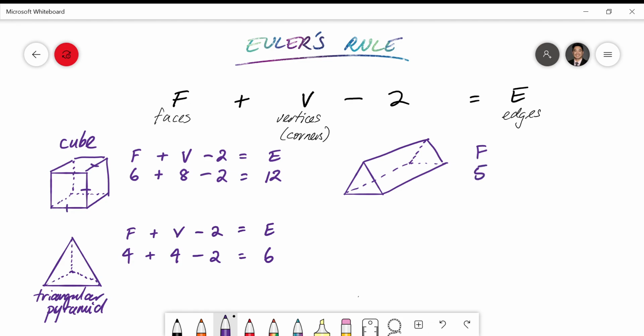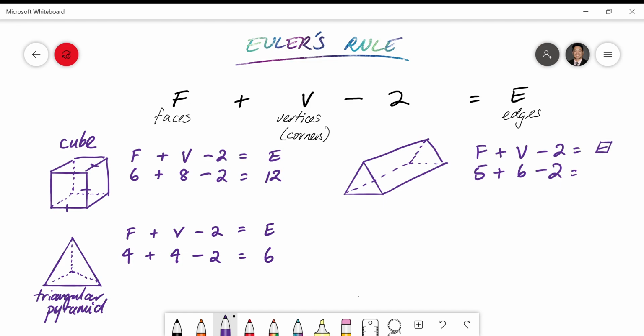So we've got 5 faces in this triangular prism. We're going to add the number of vertices. So we've got 1, 2, 3, 4, 5, 6 corners, and take 2 away to get the number of edges.